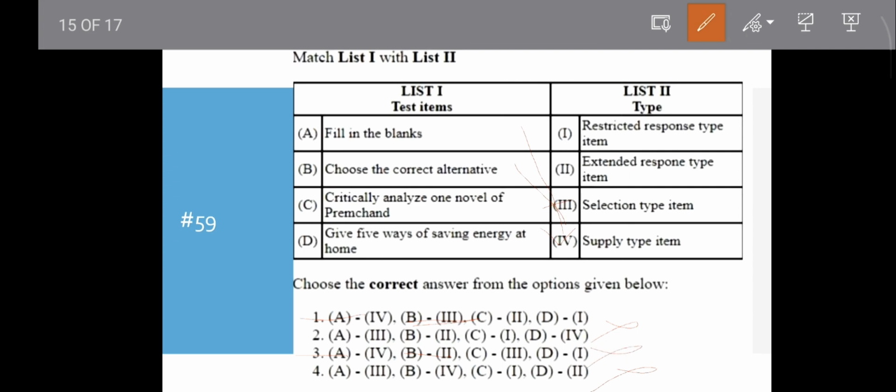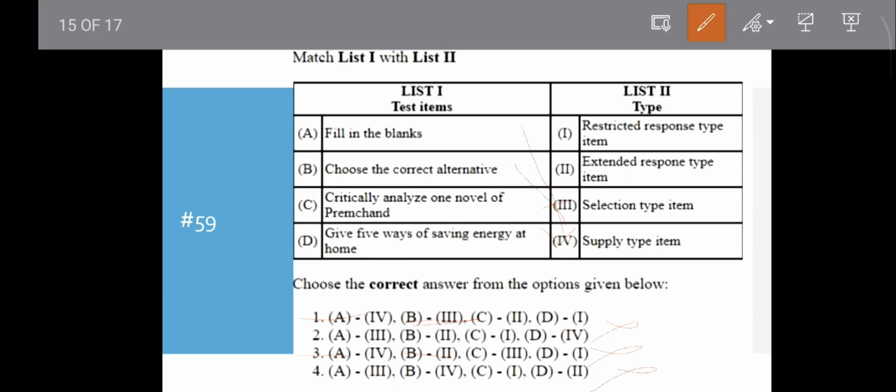Then critically analyze one novel of Premchand is an extended response type item, because it requires detailed explanation, critical thinking and a long descriptive answer. Then restricted response type items, because the answer is limited, the scope is fixed, and no long explanation is required.